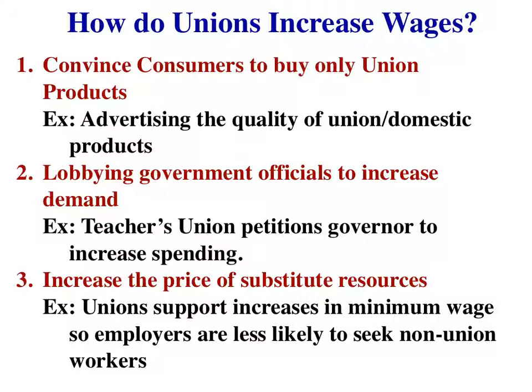They may try and lobby government to increase demand, and they also may try and increase the price of substitute resources. So, for example, they may argue for minimum wage. They tend to be on the side of arguing for tariffs if it's helpful to their constituents.